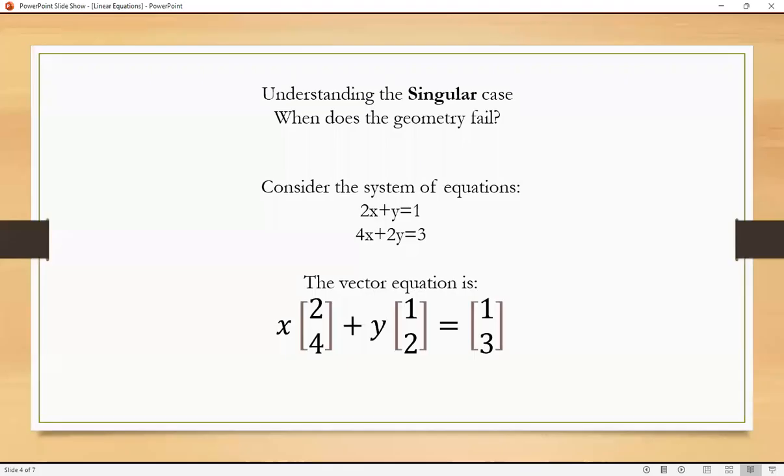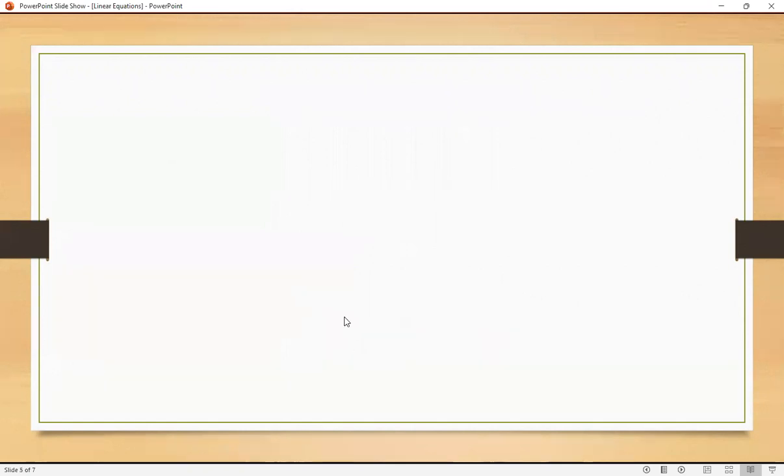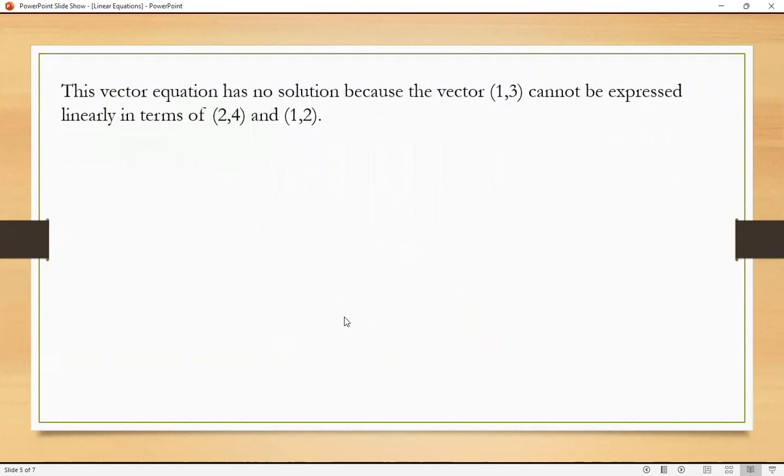This system of equations, which is 2x plus y equal to 1 and 4x plus 2y equal to 3, has no solutions. The reason for that is that the vector 1, 3 cannot be expressed linearly in terms of 2, 4 and 1, 2. So this is the case where we have no solutions.